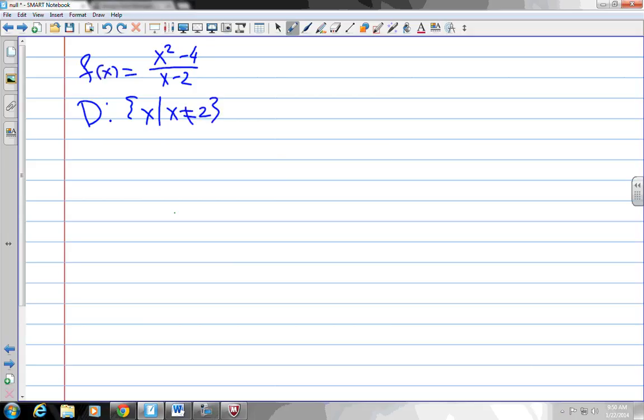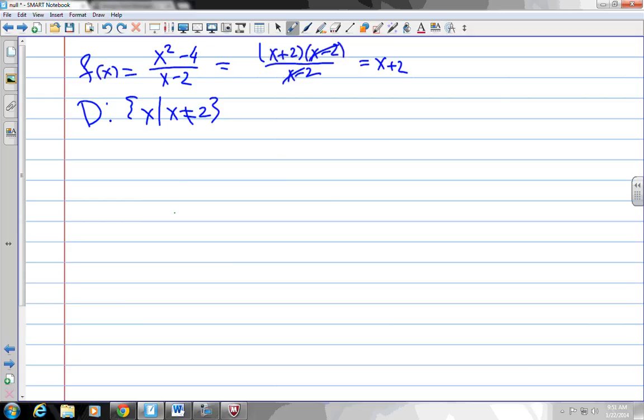Although I can simplify this, right? It's very easy to simplify this function. It gives you x plus 2, x minus 2 over x minus 2. So the x minus 2's cancel, and you're down to x plus 2. Doesn't feel like there is a problem with positive 2 anymore, but it's still not in the domain.